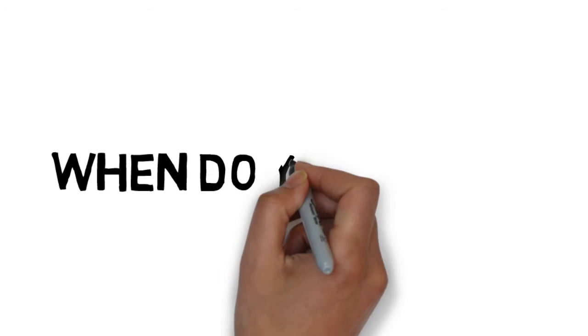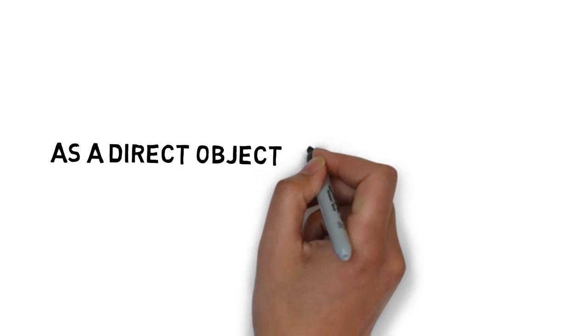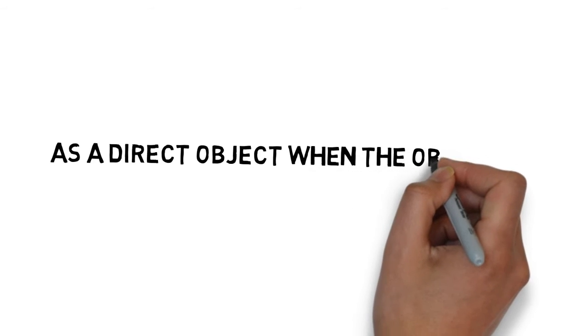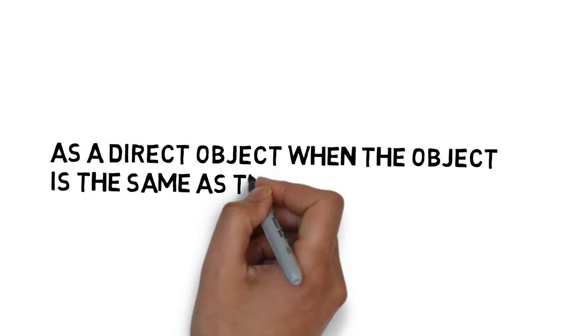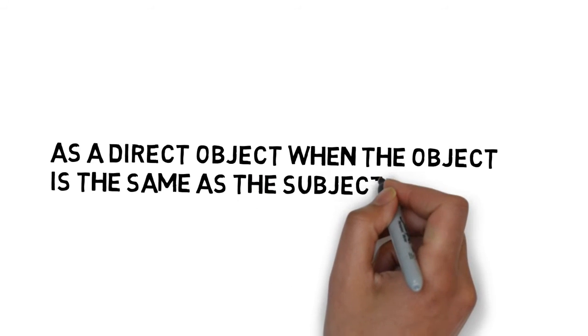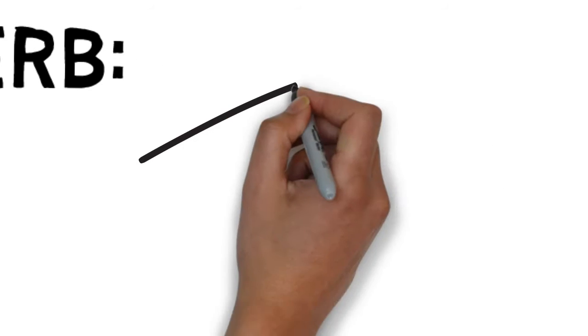So, when do you use this? First, as a direct object, when the object is the same as the subject of the verb. Remember, the object is the same as the subject.